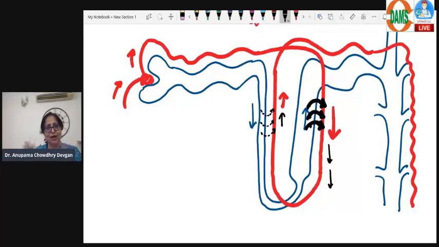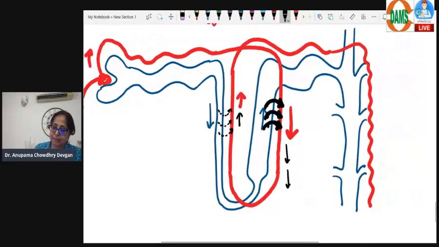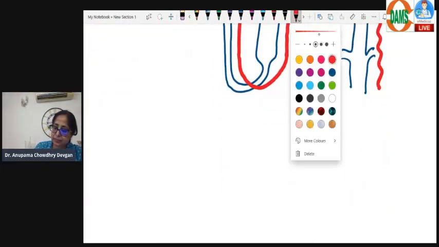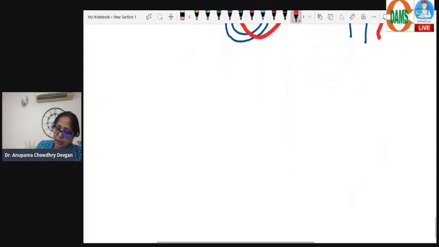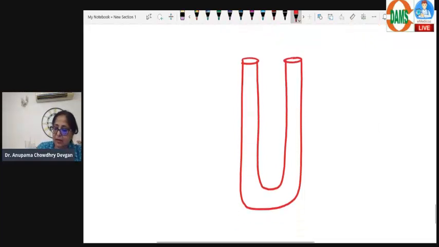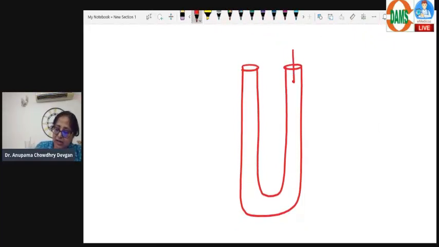So this is a very simplified version of the role of Vasa recta. Let me do the role of Vasa recta in maintaining the medullary interstitial hyperosmolality in a little more detail. The blood which enters into the Vasa recta comes from the cortex.